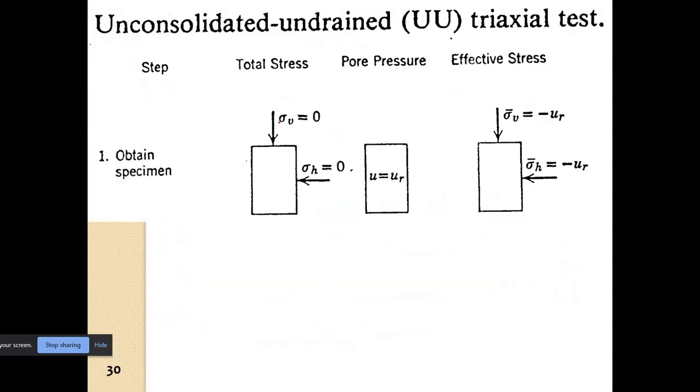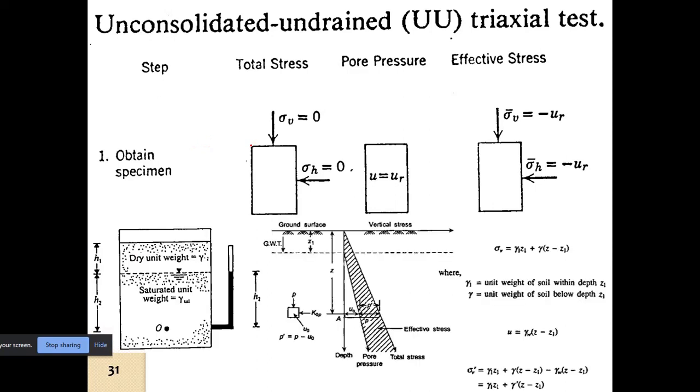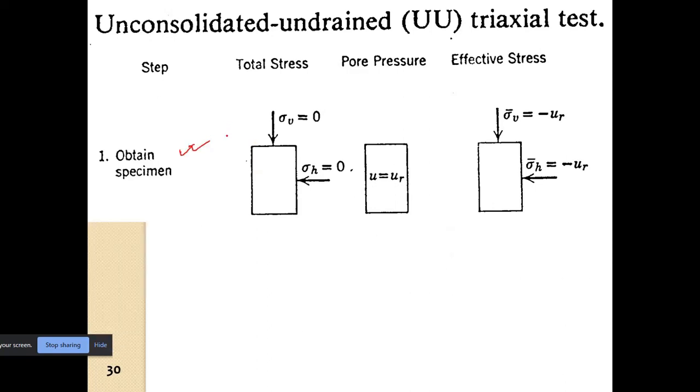So what is the unconsolidated undrained triaxial test? First of all we obtain the specimen, all right. Now when we take out the specimen from where it was, what are the stresses in the sample? If you remember, I was placing the sample on the pedestal, so there was no stress on the sample, no cell pressure.